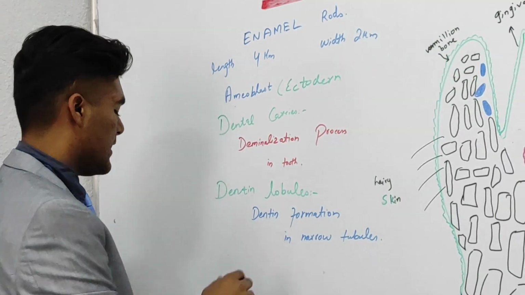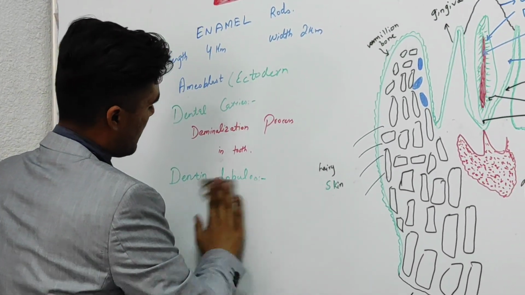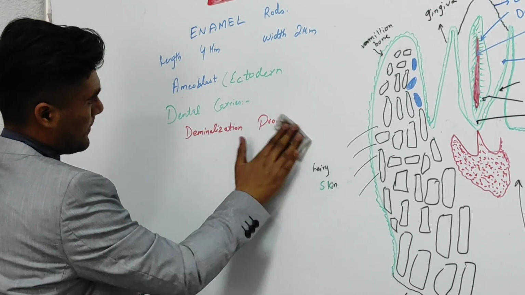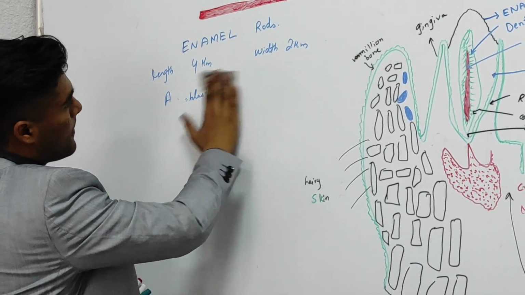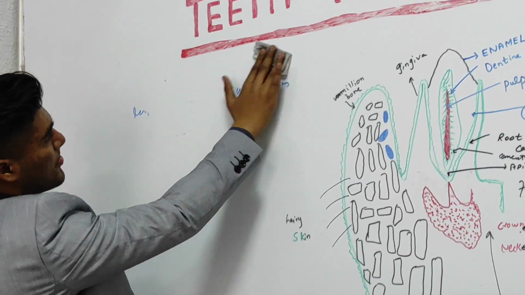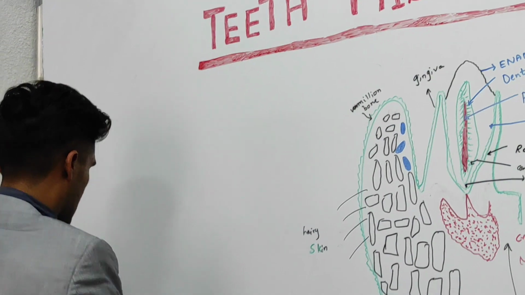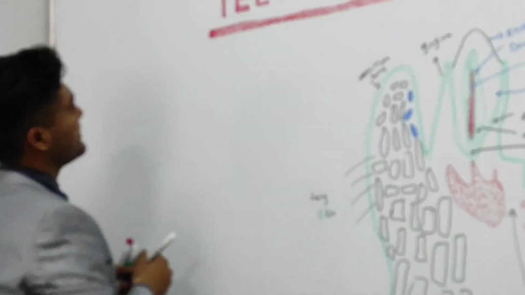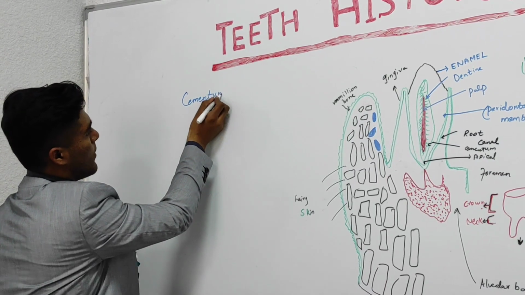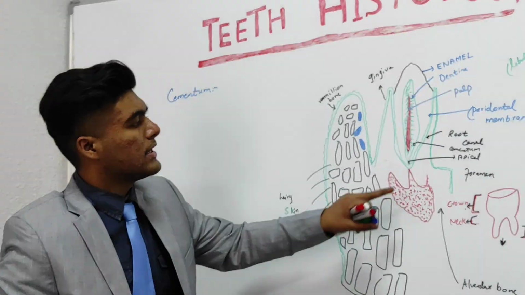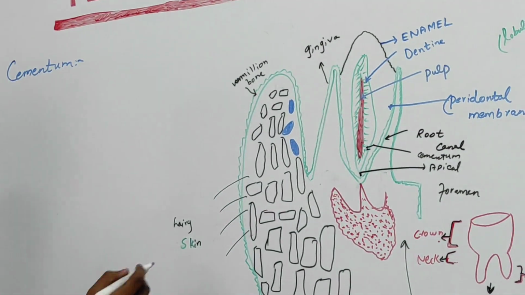Now, further discussing cementum and periodontal ligaments. As in this presented diagram, we are clearly seeing that this particular area is cementum.